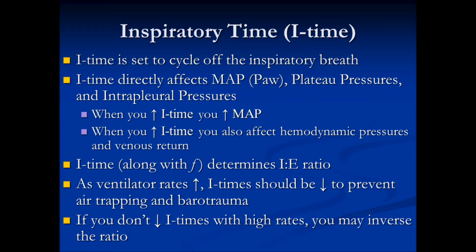So if you affect those pressures within your thoracic cage, a thoracic cavity, you will also affect the structures within it. And as you know, the heart is one of those structures. So it will affect the pressures hemodynamically, and it will also affect the blood return back to the right side of the heart.